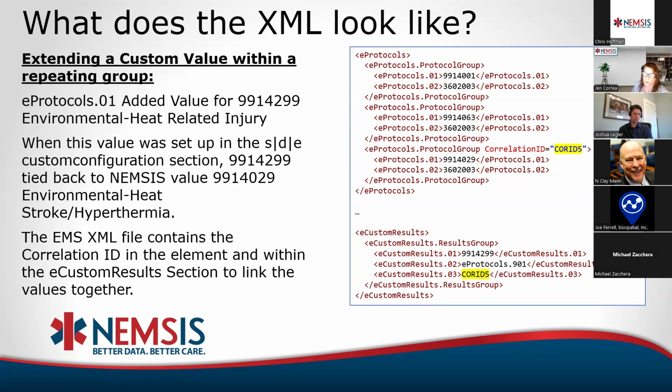So it gets this correlation ID right here, highlighted in yellow. Then in the e-custom results section of the XML for the ePCR, it says, hey, on that group, we want it to have this custom value. And that's how it's tied together with this correlation ID.